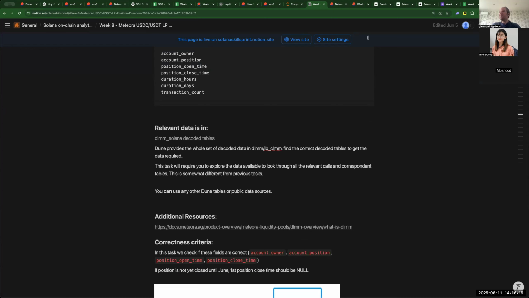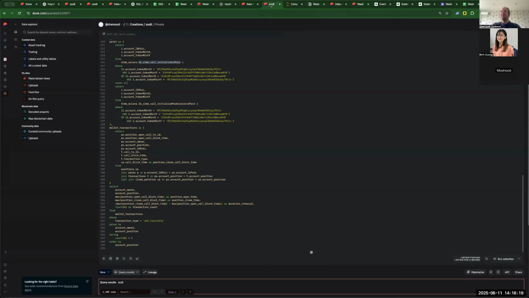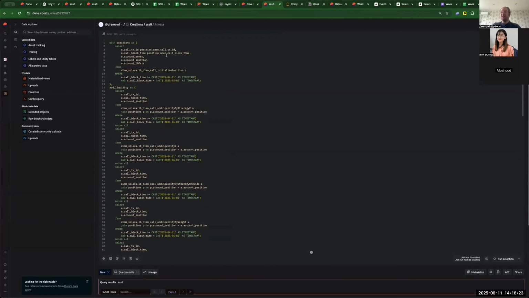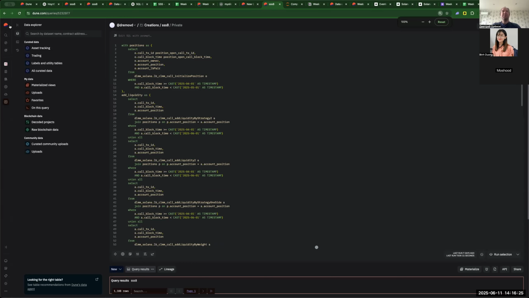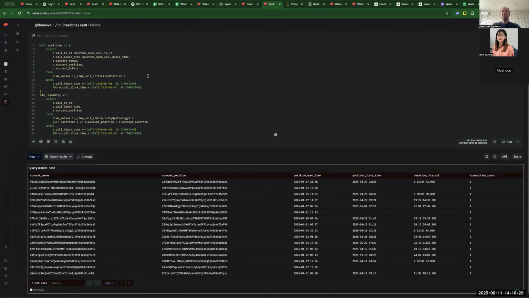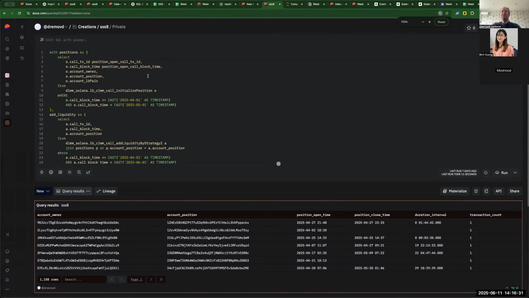Yeah, so let me go to the solution, maybe show this and discuss it. So how my solution looks in the end. Can you see it actually? Is it big enough?